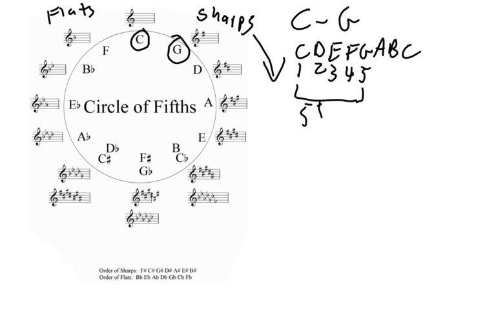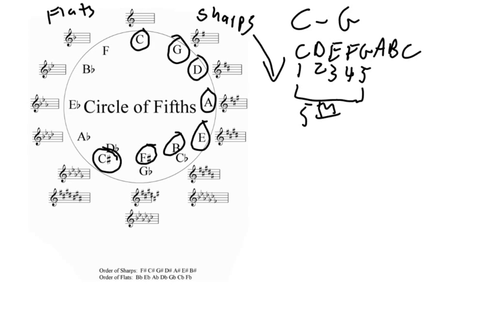Now, if you go the distance from G to D, you'll notice that this interval is also a fifth. And then from D to A, a fifth. From A to E, a fifth. From E to B, a fifth. From B to F sharp, a fifth. From F sharp to C sharp, a fifth.